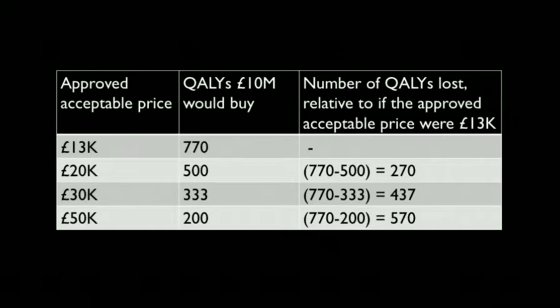So the more generous they become, effectively they give up some QALYs. The last column says, as the country becomes more generous and starts paying for more expensive drugs, how many quality adjusted life years are they forfeiting in exchange for providing people with more expensive medical treatment?